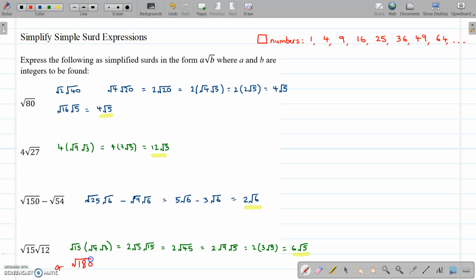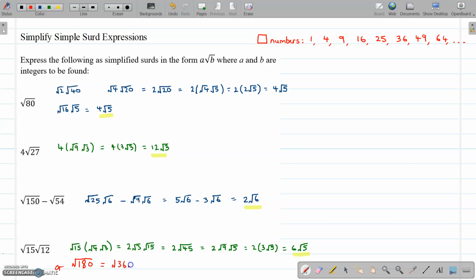And that is root 36 root 5. The highest square number that is a factor of 180 is 36. So that's actually root 36 root 5.